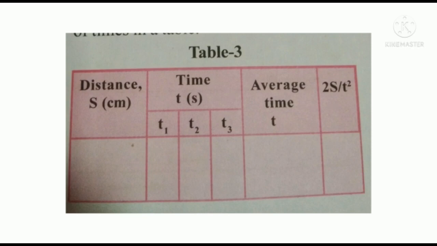What do you notice from the distance time graphs for various slopes? If the graph is a straight line from the origin, it indicates that the body is in non-uniform motion.